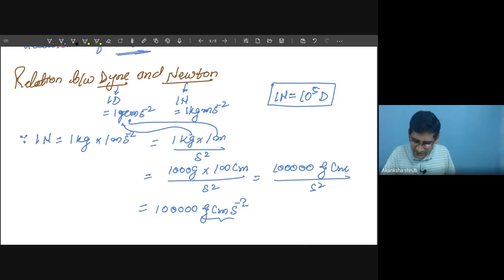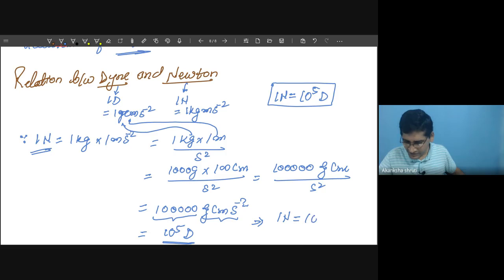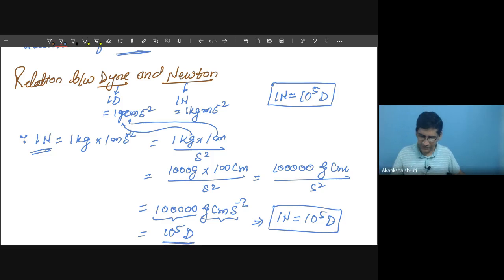But this gram centimeter per second square is called what? This is called dyne. And this number can be written in exponent form as 10 to the power 5. This gram centimeter per second square is denoted by D. So this way we started with N and we have reached D. So this implies 1 Newton is equal to 10 to the power 5 dyne. This way we have proved it.